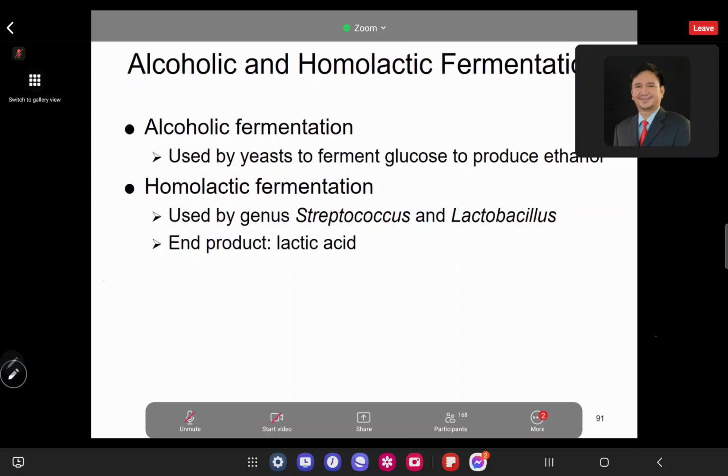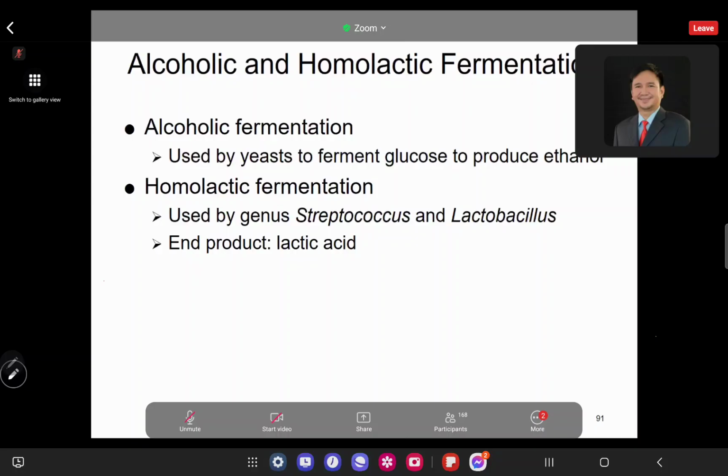It is less directly relevant to human health, but important in industrial mycology for producing alcohol-based disinfectants like the alcohol used in pharmaceuticals. How about homolactic fermentation? Used by Streptococcus and Lactobacillus. Sounds familiar, Lactobacillus.